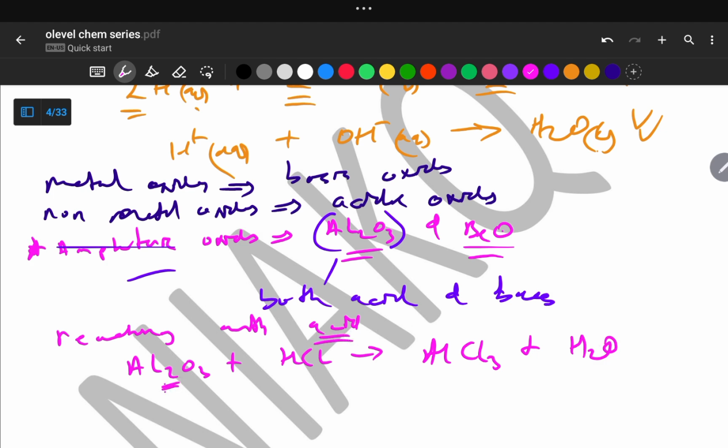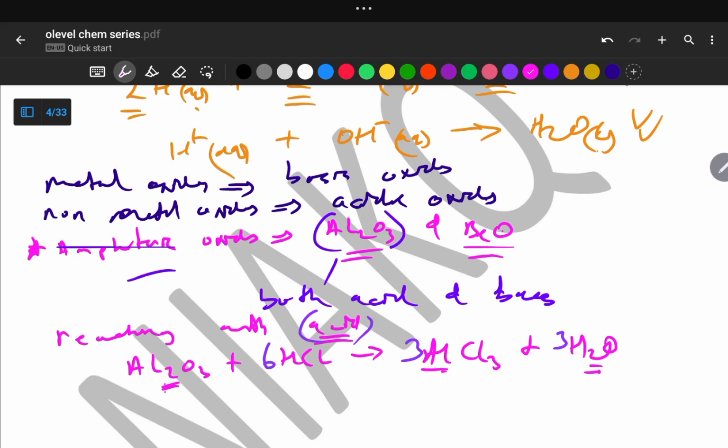So we have a neutralization reaction to give salt and water, right? And to balance this equation, we need to have a 6 here, and then a 3 there, and then we can have a 3 here, right? And it is balanced.